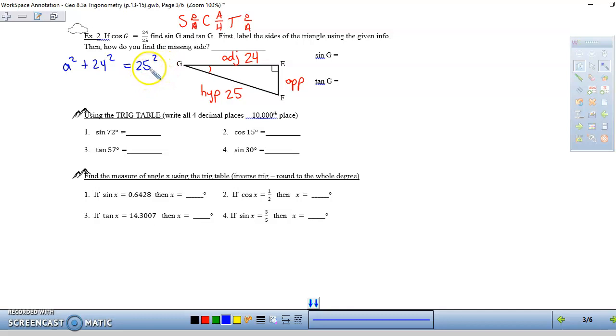Again, you can use a calculator, but you do 625 minus 576, I believe. So a squared is going to be 49, and then a is equal to 7. So putting that here, that is going to be 7. Then I can say the sine of G is going to be opposite over hypotenuse, and the tangent of G is going to be opposite over adjacent.